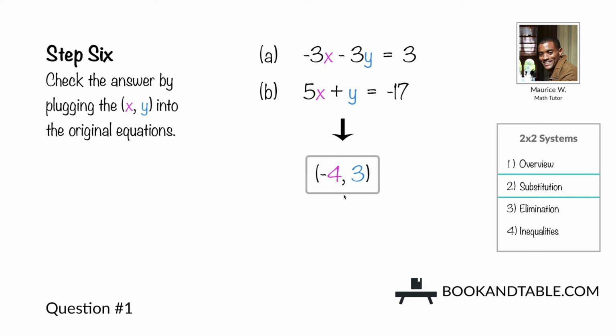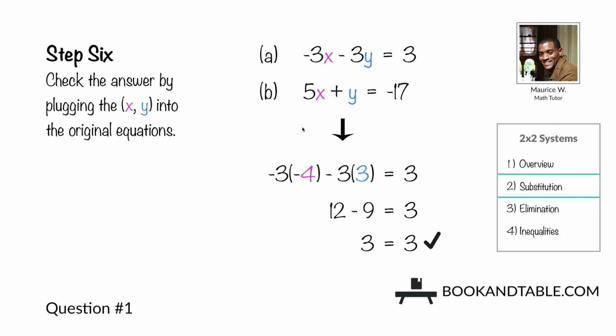In step 6, we can check the answer by plugging the x, y, negative 4, 3, into the original equations. When we do so, we get negative 3 times negative 4 is 12, minus 3 times 3, which is 9. 12 minus 9 is equal to 3, and that's equal to 3. So for equation A, x is equal to negative 4 and y is equal to 3 checks out.